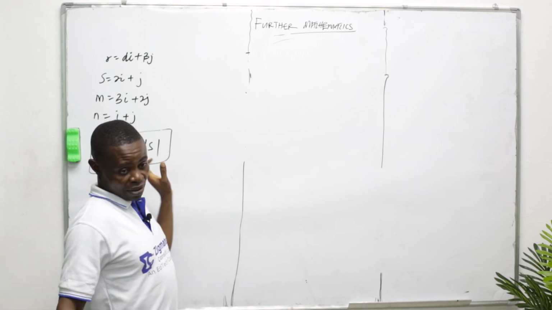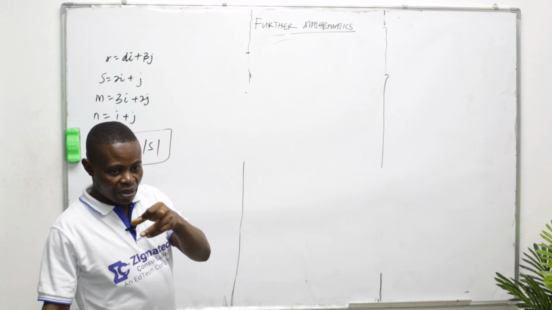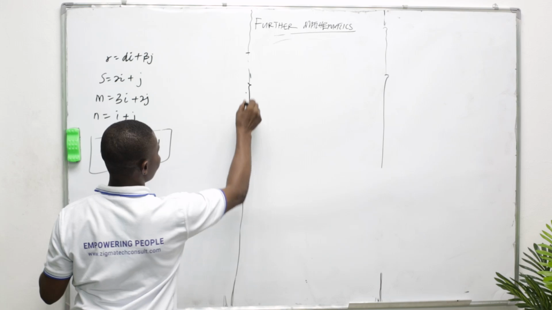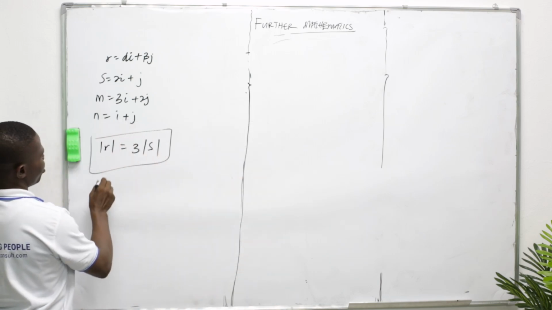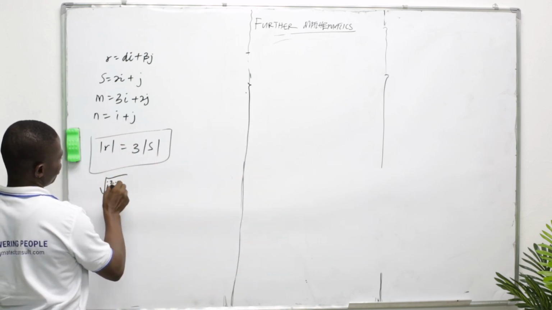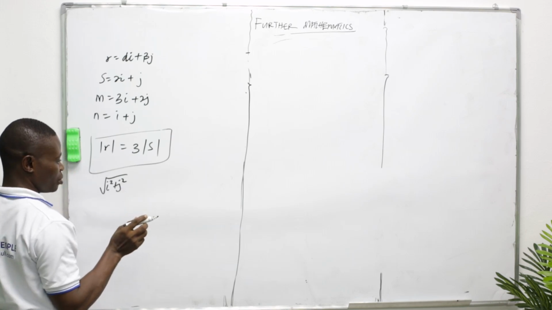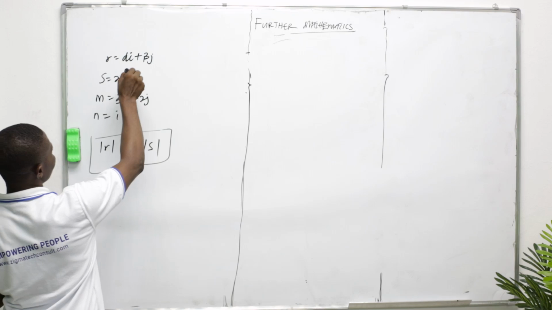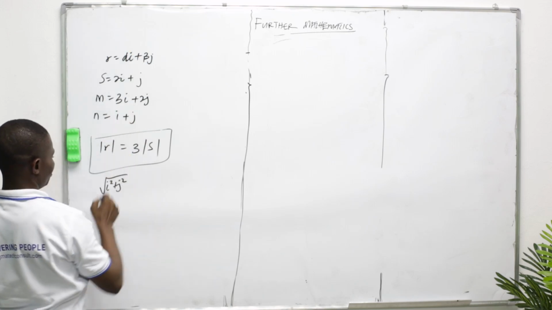Where is S? Look at it. Now let's think about the magnitude of R. The magnitude of a vector, as you can recall, is simply the square root of i squared plus j squared. What are the coefficients of R?